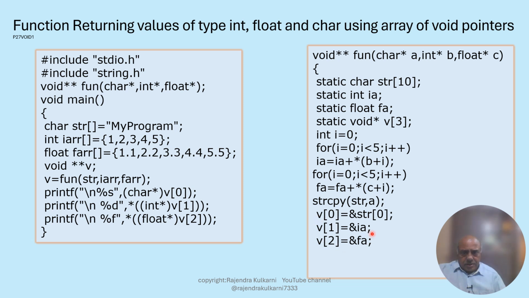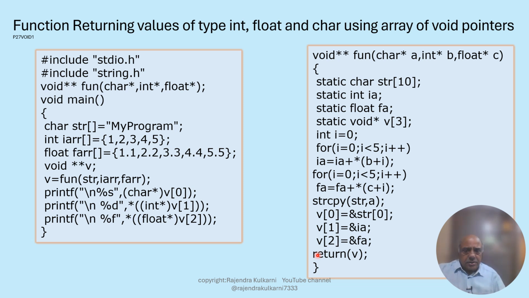When we are assigning the addresses to a void array, the elements of that array will simply contain the addresses, but it will not know what kind of data type those addresses are pointing to.